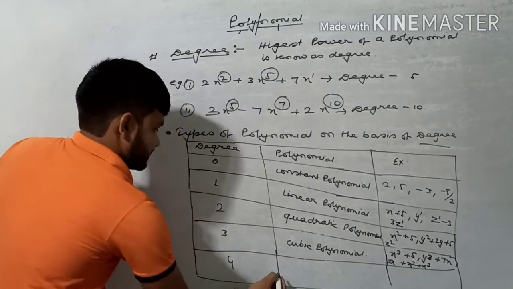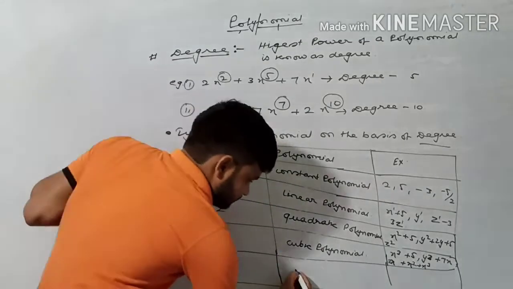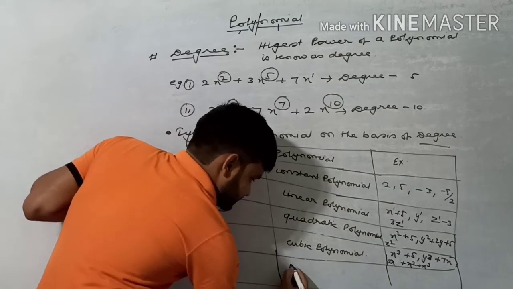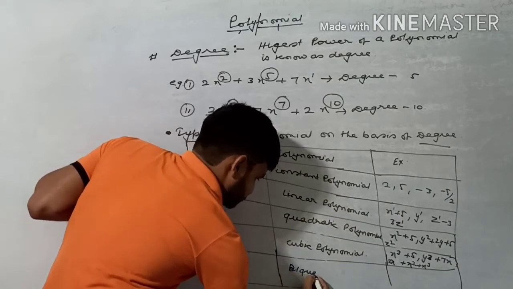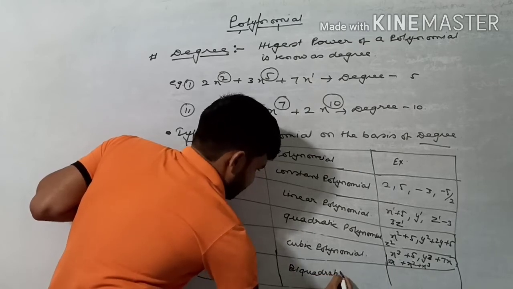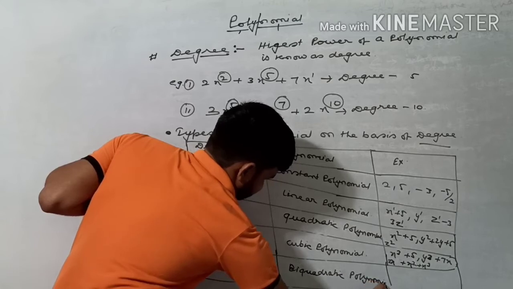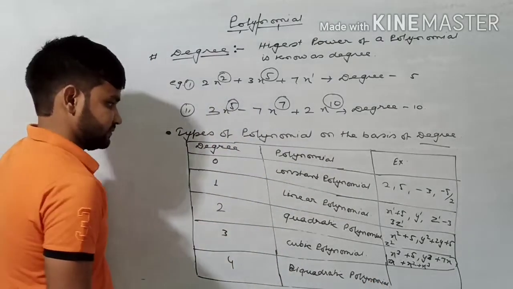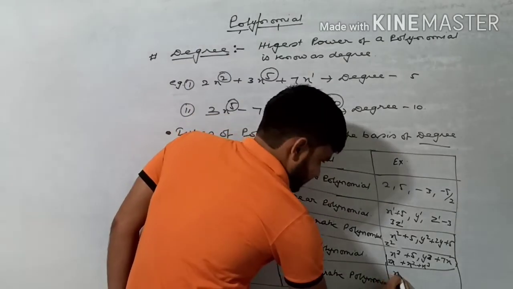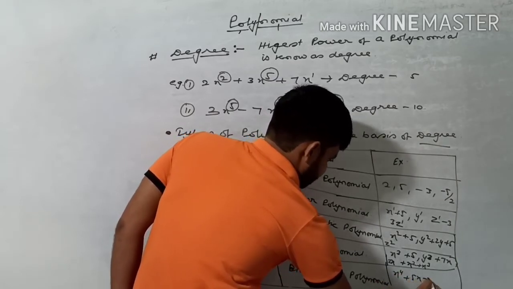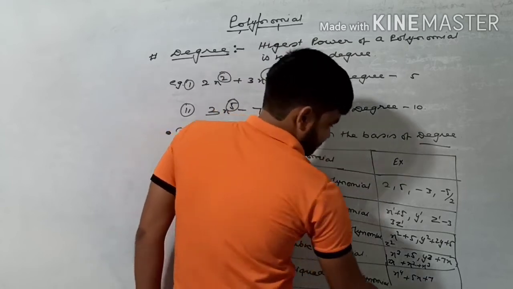And at last, fourth, that means biquadratic polynomial. Means x to the power 4 plus 5x plus 7 and so on.